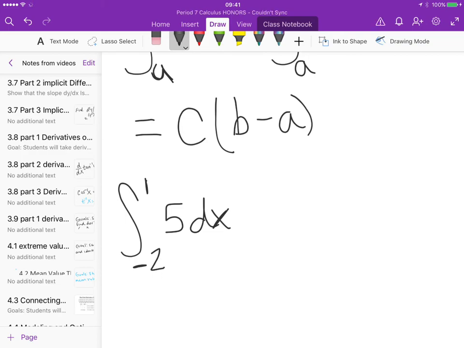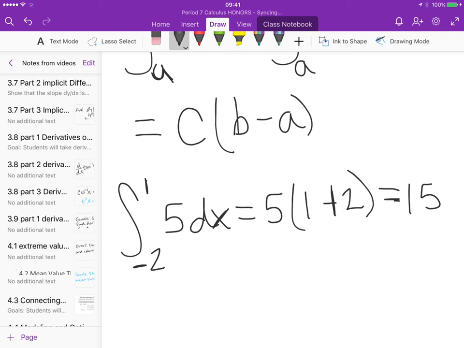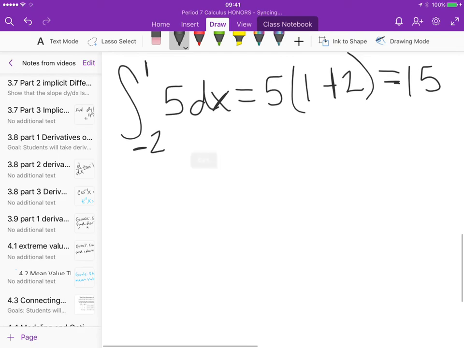Following the footsteps of what we see right above, this would equal 5 times 1 plus 2. Well, 1 plus 2 is 3, so this has a value of 15. Not too bad to start off with. Pretty basic, pretty simple when we're finding our integrals of constants.